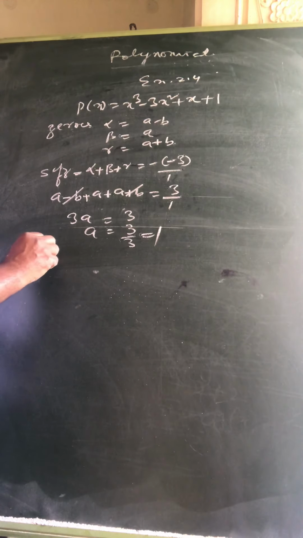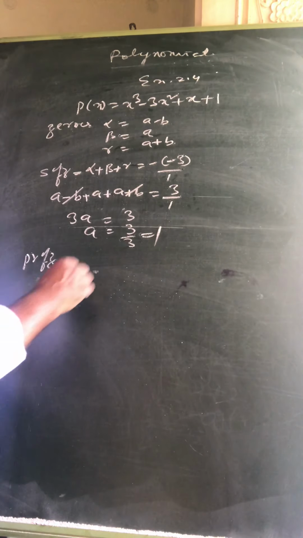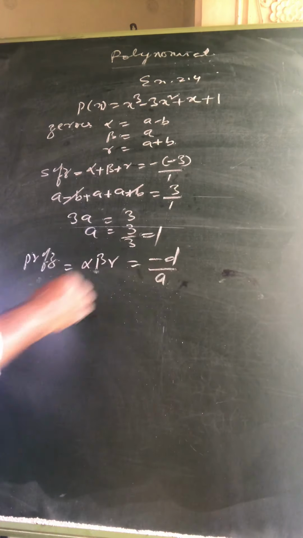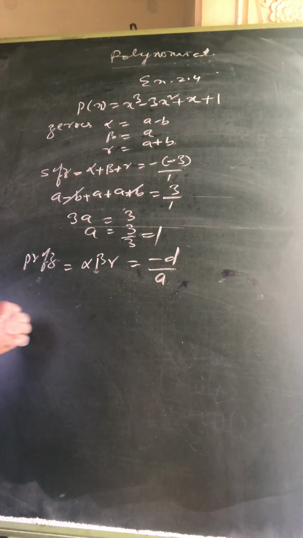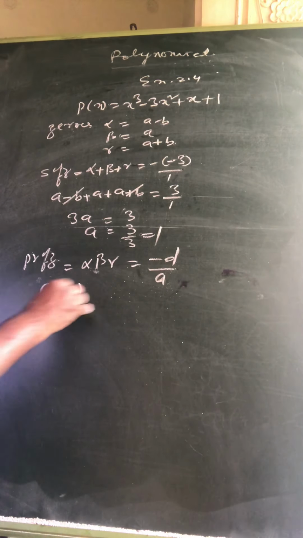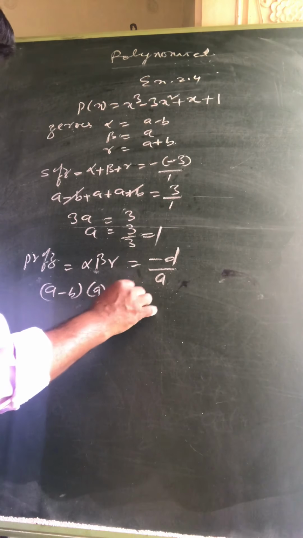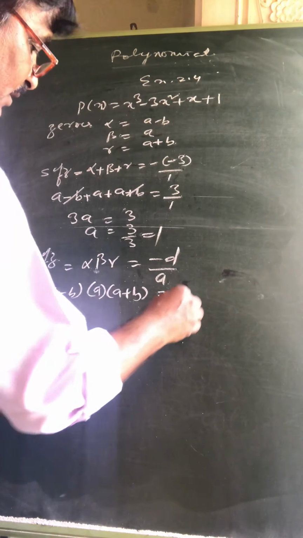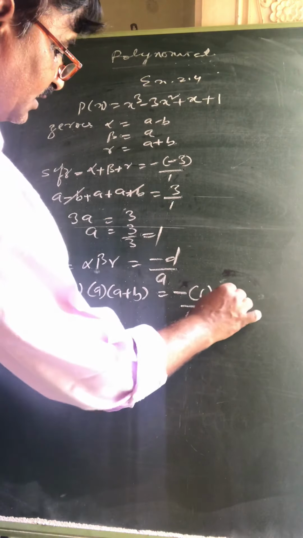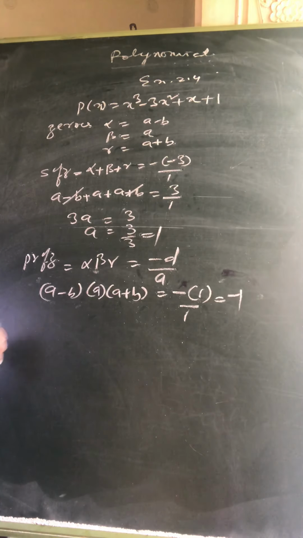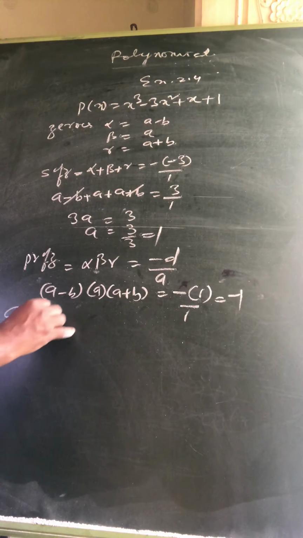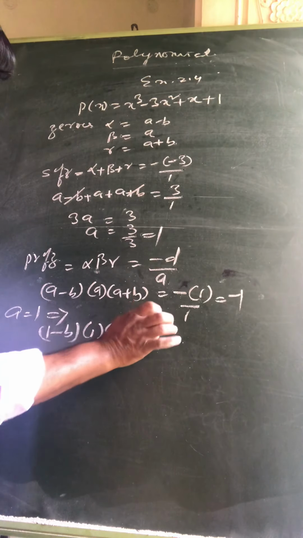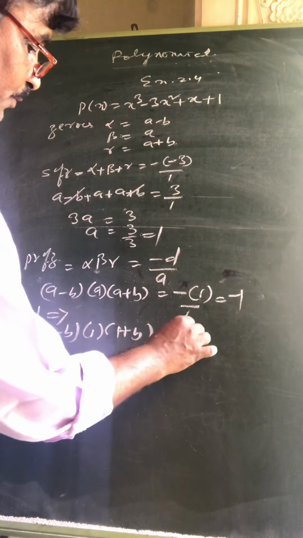Now the product of zeros, alpha beta gamma, is equal to minus d by a, that is alpha into beta into gamma, a minus b into a plus b, is equal to minus d by a. What is the d here? Plus 1. So minus 1 by 1 is equal to minus 1. Now you can substitute the value a equal to 1. Then 1 minus b into 1 plus b is equal to minus 1.